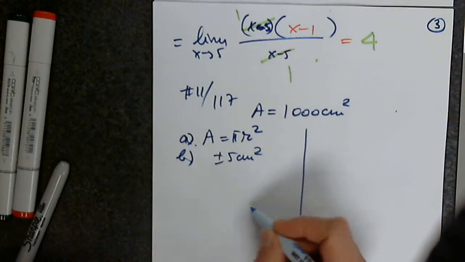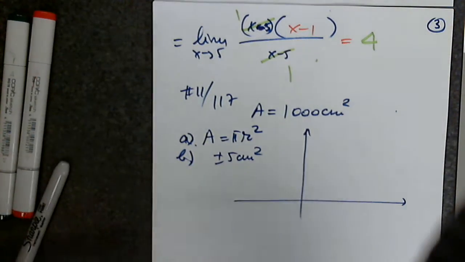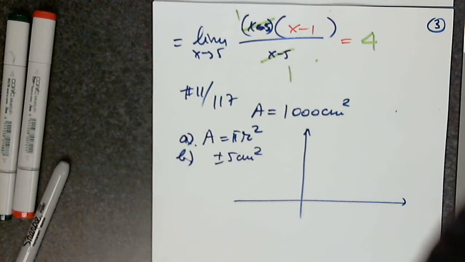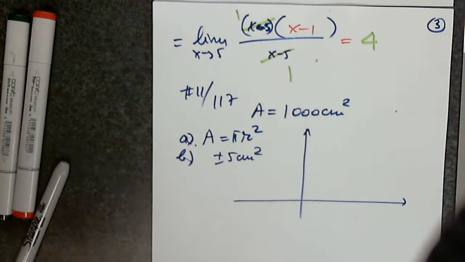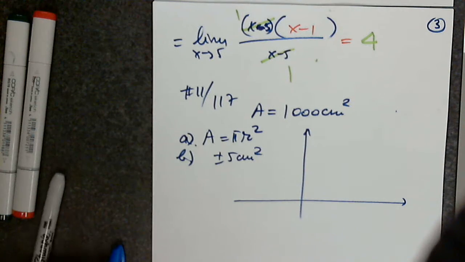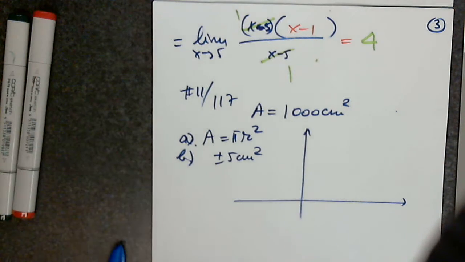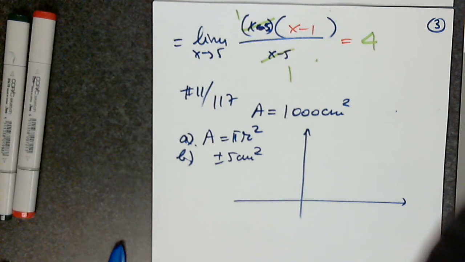So, what is this plus or minus 5 centimeters squared? The area of 1,000, so 1,005 and 995. What is it exactly? Stay with me, don't say anything. What is it exactly?